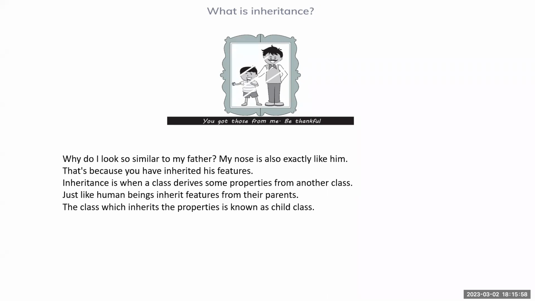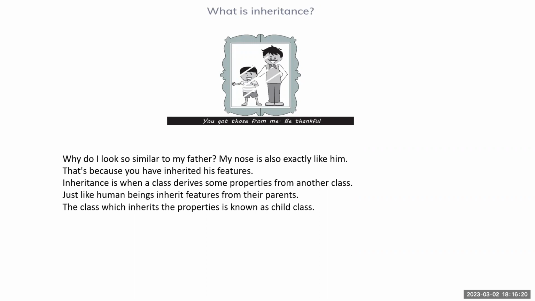So what exactly does that? You are inheriting their features, and you are looking very similar to them, right? So inheritance is when a class derives some properties from another class.